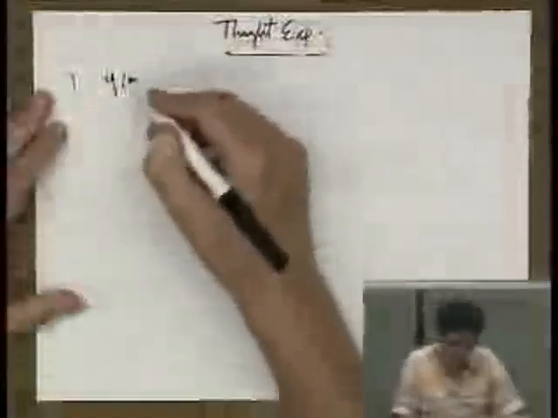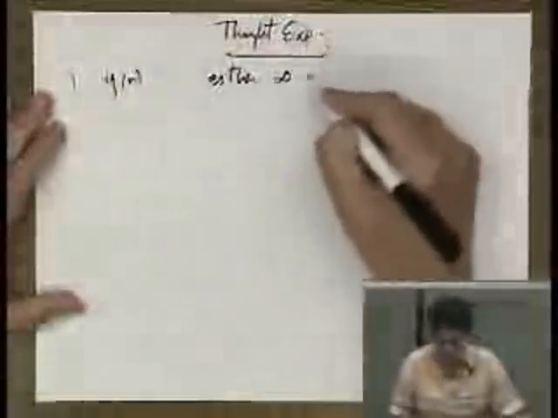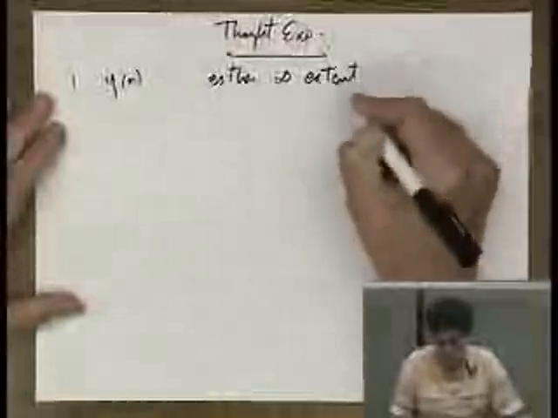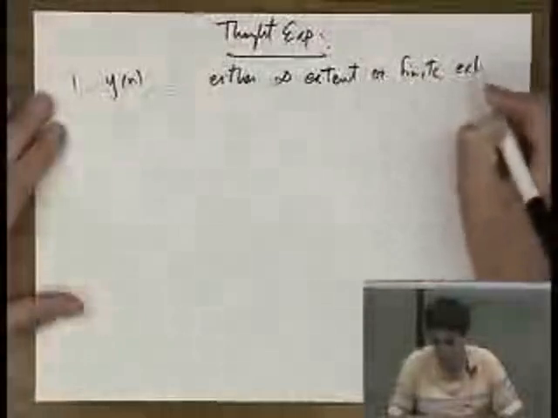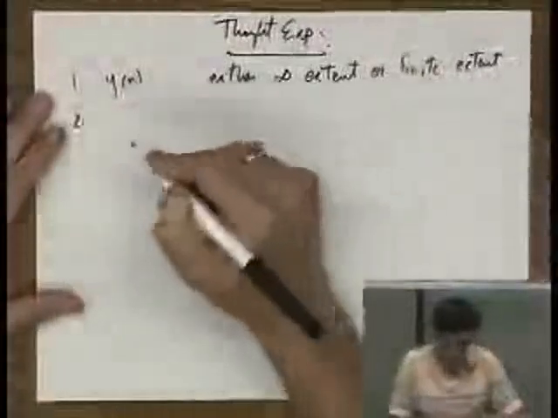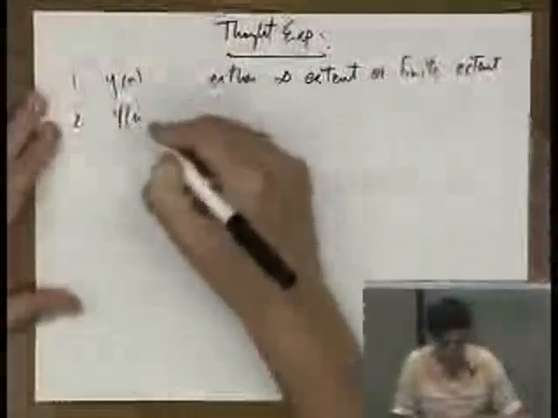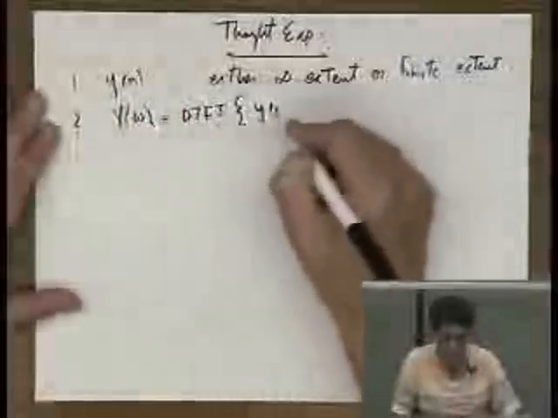I start with y of n, a sequence y of n that could be either infinite extent or finite extent. And suppose that I compute Y of omega, which is the DTFT of y of n.